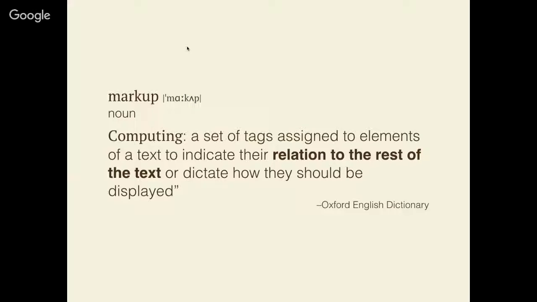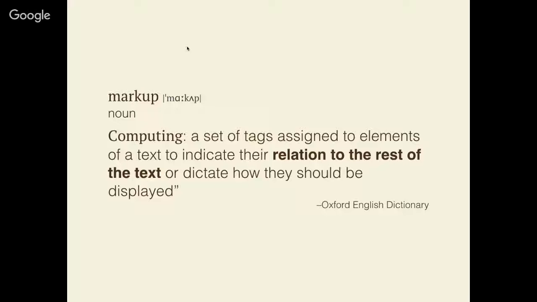Markup derives from the letterpress days, where authors would put little annotations next to the text to indicate paragraphs, breaks, titles, all that sort of stuff, so basically indicate what sort of style they should be in. And in computing we sort of carry that over, I guess.